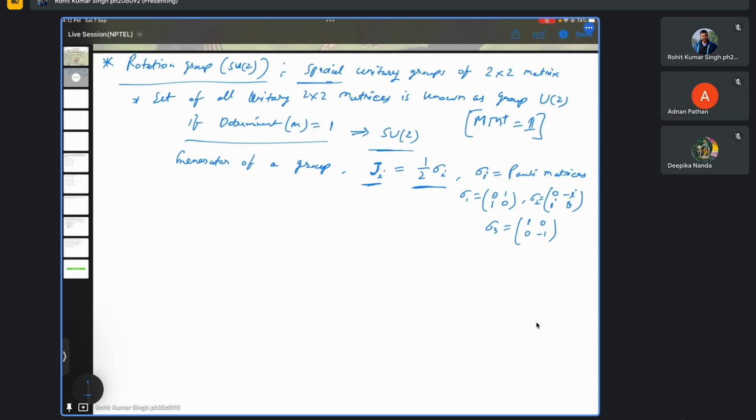After the generator there is something called the basis of a group. For SU2 we have the fundamental basis, which is spin up and spin down. These are the basis of this group.